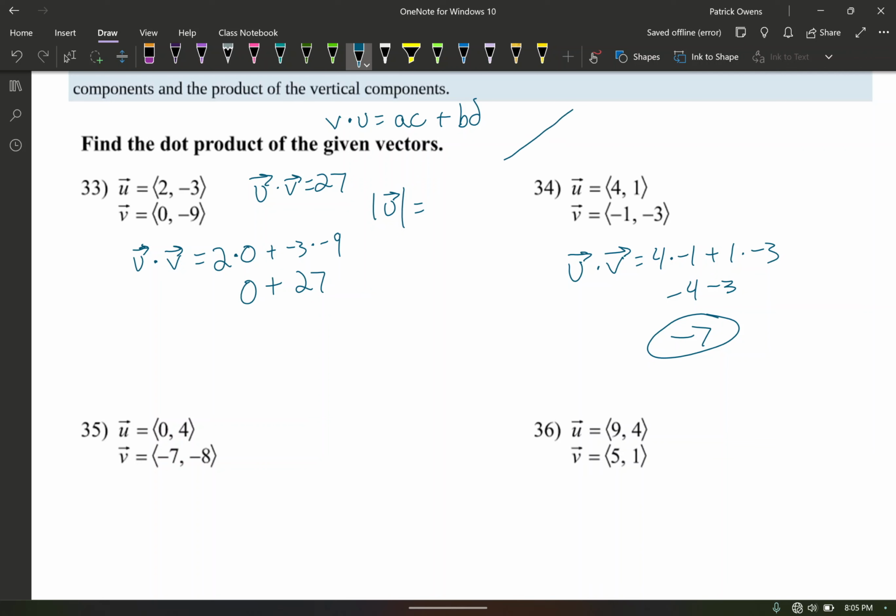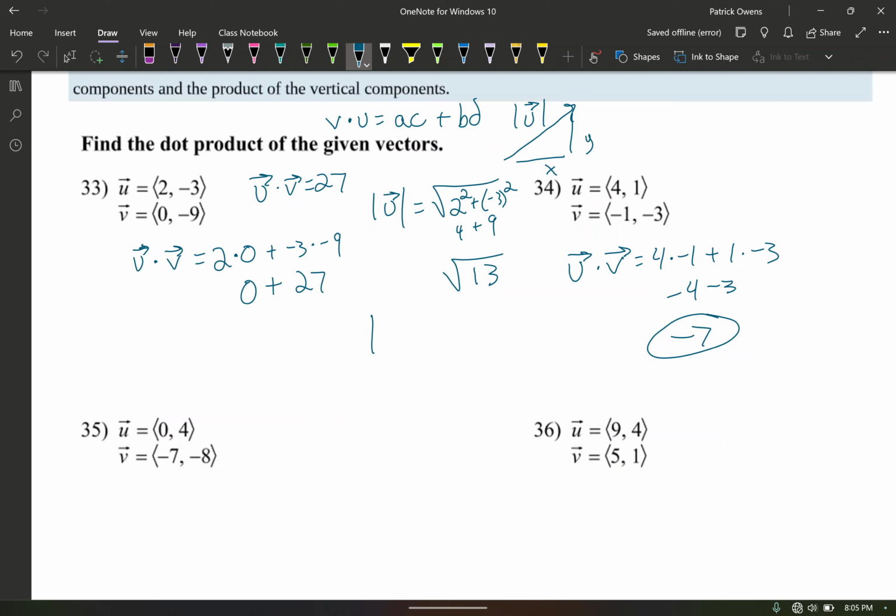If we've got a vector, that's our hypotenuse of a right triangle. So we've got an x component, we've got a y component. Our magnitude is the hypotenuse, so we can use the Pythagorean theorem. So what we do is take the square root of our x component squared plus our y component squared. So 2 squared plus negative 3 squared. So we've got 4 plus 9. So it's the square root of 13.